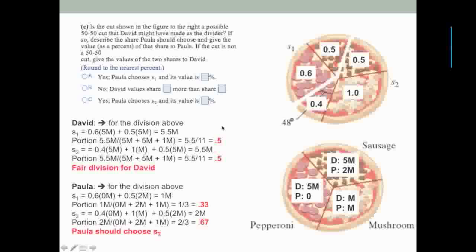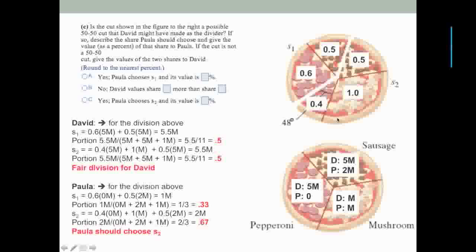So for David, let's look at S1. We have 0.6 times his valuation for pepperoni of 5m, plus 0.5 times his valuation of sausage, which is 5m. We multiply and add, and we get 5.5m. If we divide 5.5m by the total valuation of 11m, we get 0.5.